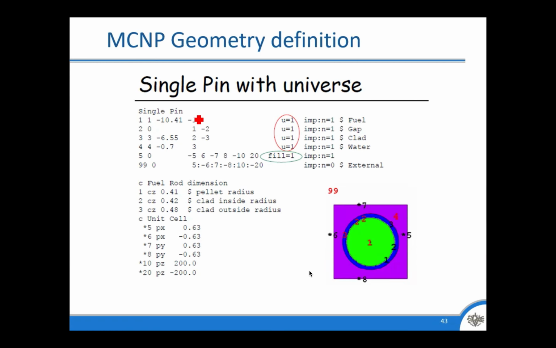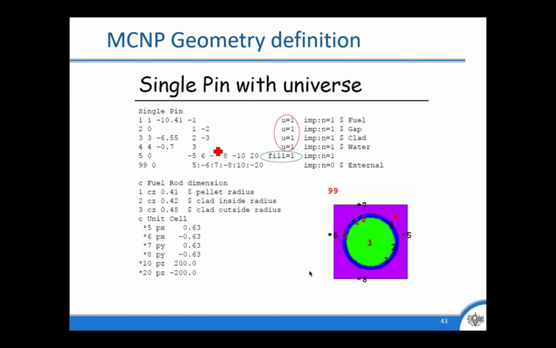And universe 1 is all the elements of my single fuel rod: the fuel, the gap, the cladding, the water. As you can see, these are created using different planes and cylinders.